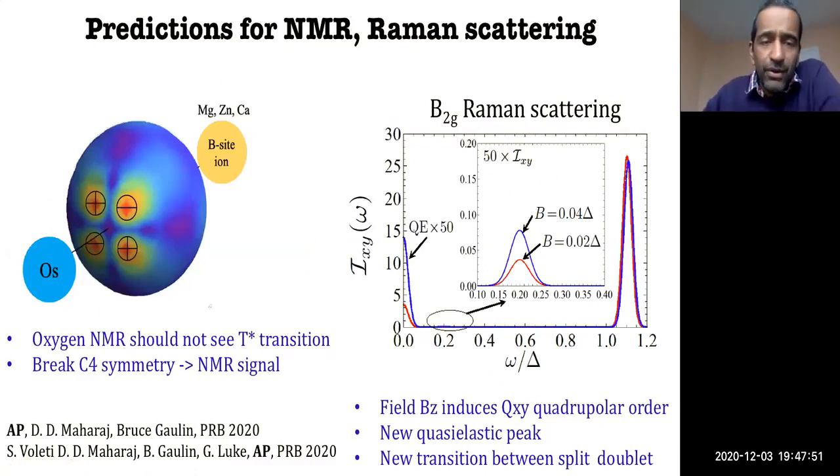And one can look at further experimental signatures, along the lines of what someone is asking. So if you want to actually look for this, one possibility is to look at things like NMR. So imagine this is my osmium ion in the solid. This is the oxygen, and this is the other, whatever, magnesium, some inert thing sitting here.